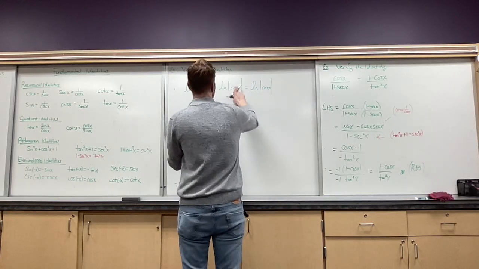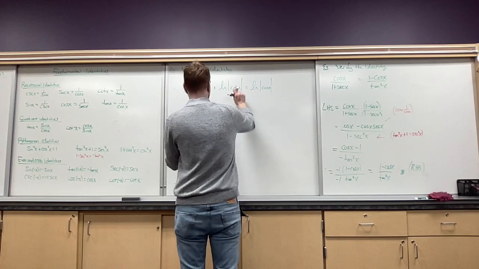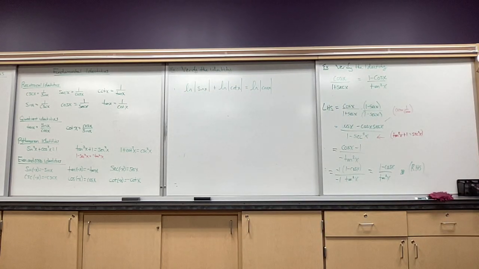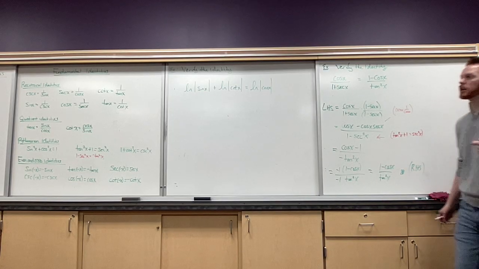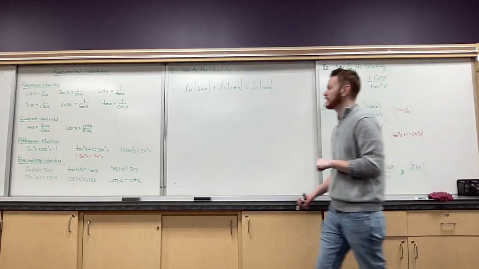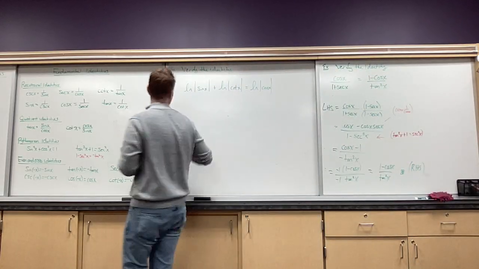Oh, sorry, it's cotangent, not cosine. There we go. Okay. Absolute value. Yep. Remember, those trig values can yield negatives, right? And if you think about the domain of natural logs, we can't have negatives. So we're trying to eliminate that issue. So that's why the absolute values are there.